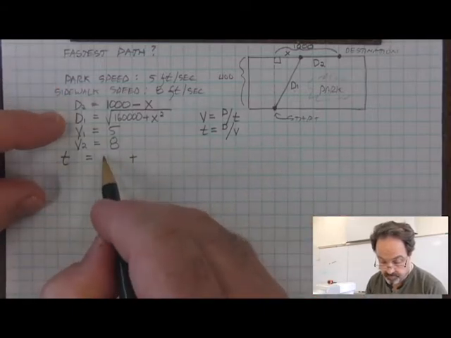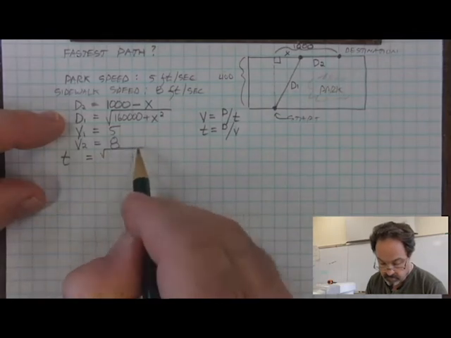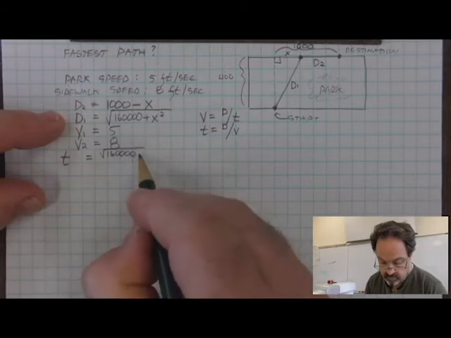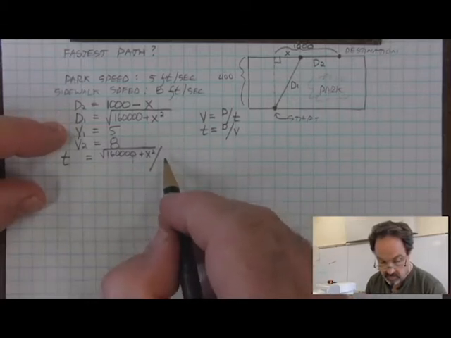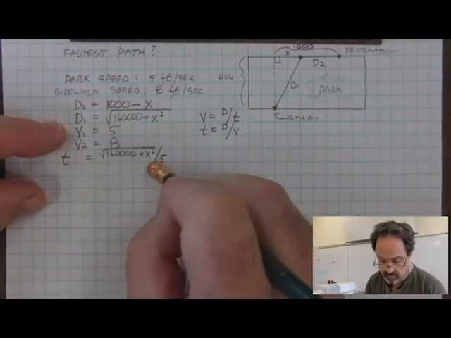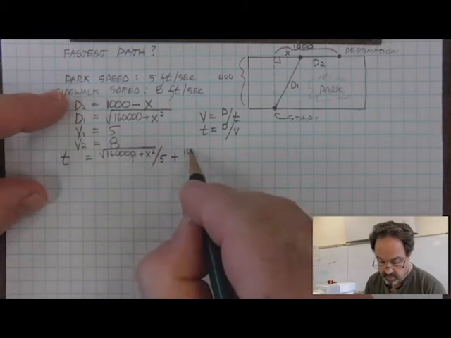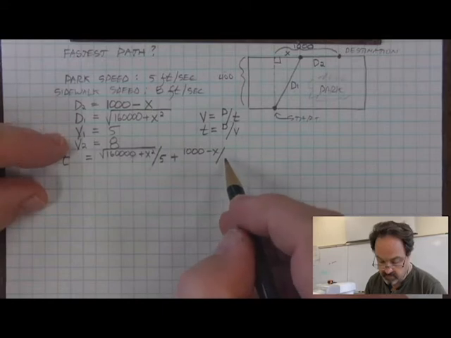Distance 1, the square root of 160,000 plus x squared, over the velocity along that distance, 5, plus the distance 1,000 minus x, divided by the velocity along that distance of 8.